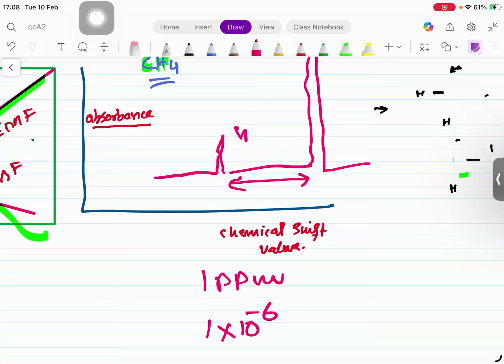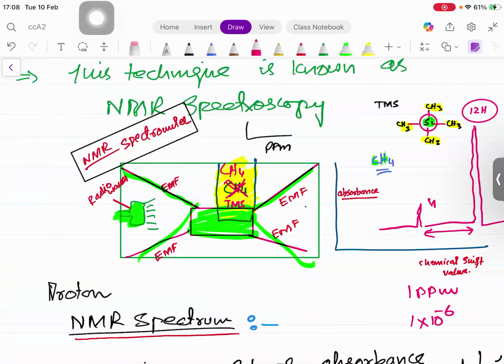Every time you take a spectrum, first you put in tetramethylsilane, and then you put in that proton. So all those protons of methane, ethane, methanol, butanol, they absorb frequency from the radio waves as compared to the frequency absorbed by TMS, or relative to TMS.